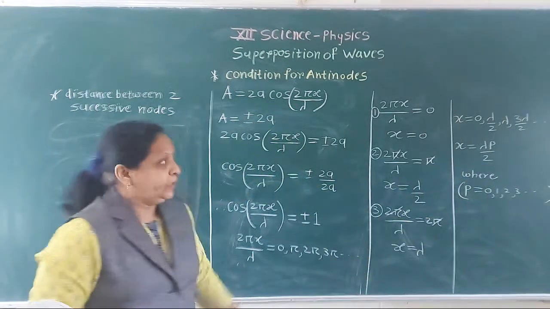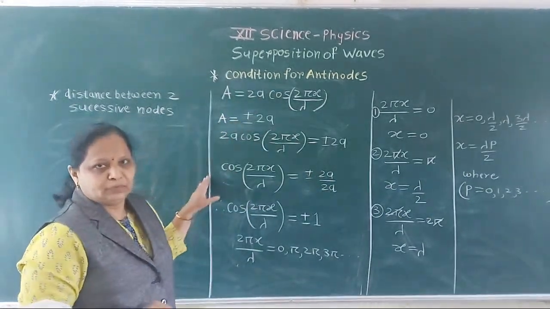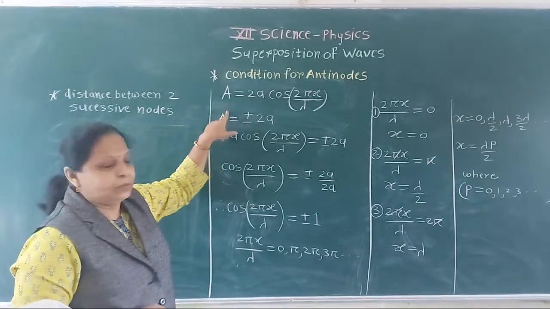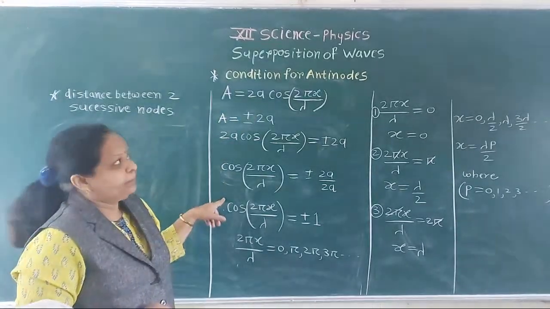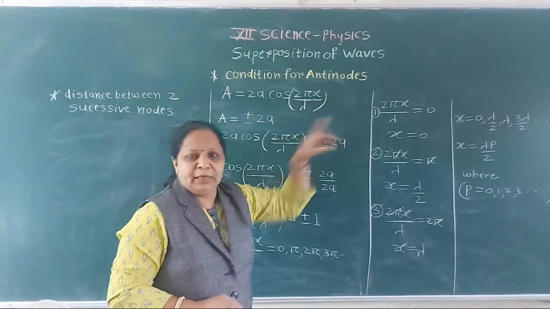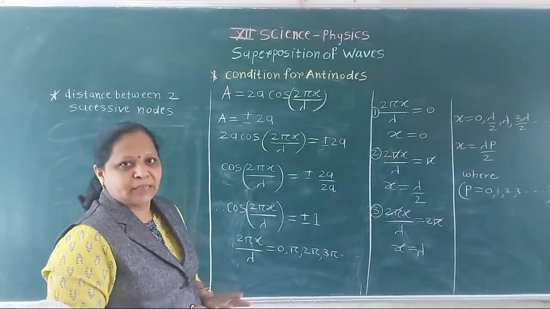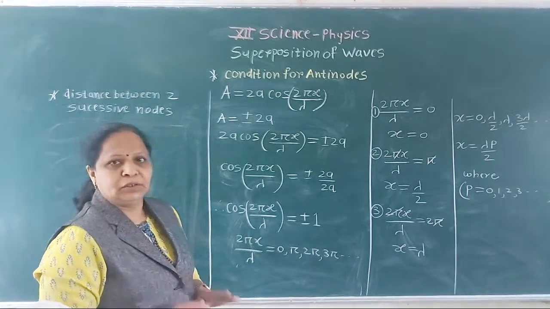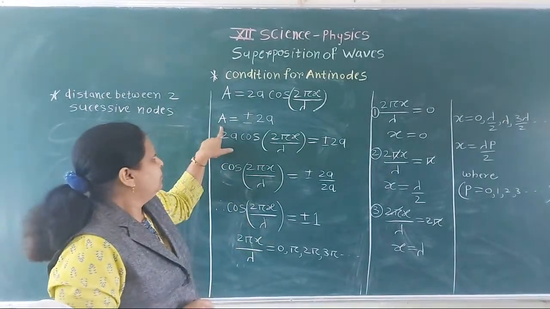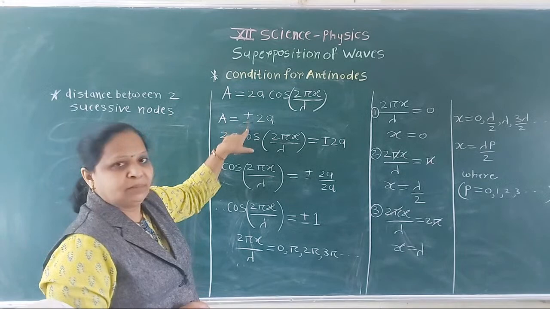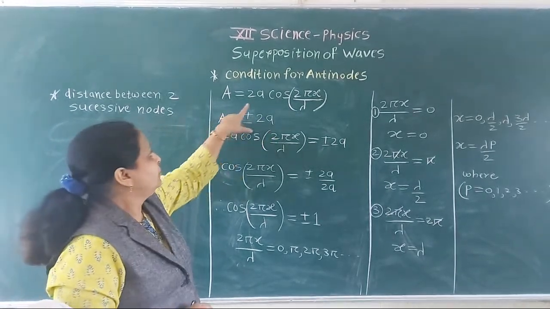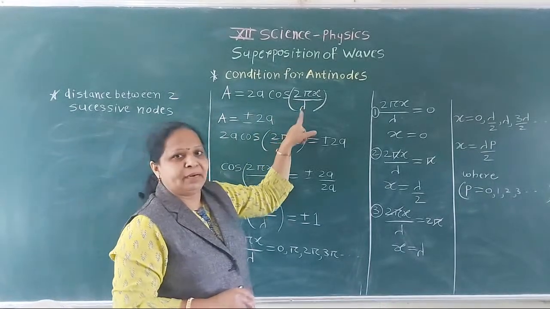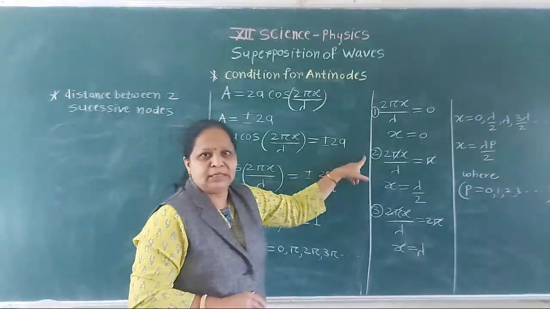Here we are seeing the condition for antinodes. You know the formula of amplitude: A is equal to twice a cos of 2 pi x upon lambda. An antinode is the point where the displacement is maximum, for which the amplitude should be maximum. Amplitude A maximum means it should be plus minus twice a. So twice a cos of 2 pi x upon lambda should be plus minus twice a.